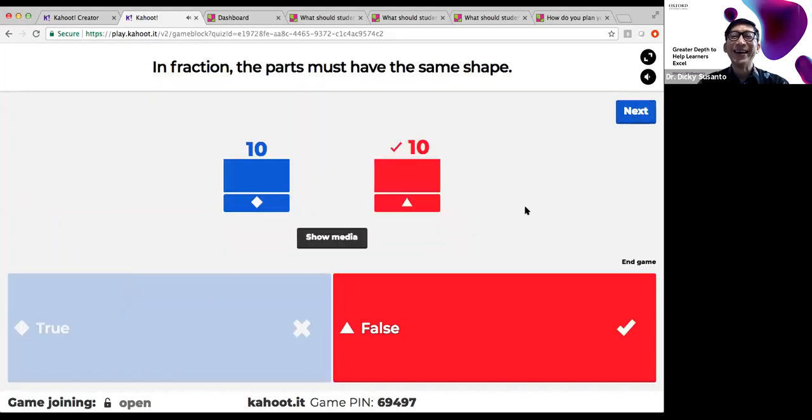Oh, wow. Another evenly split. Okay, 10 and 10. Okay, so this is interesting.